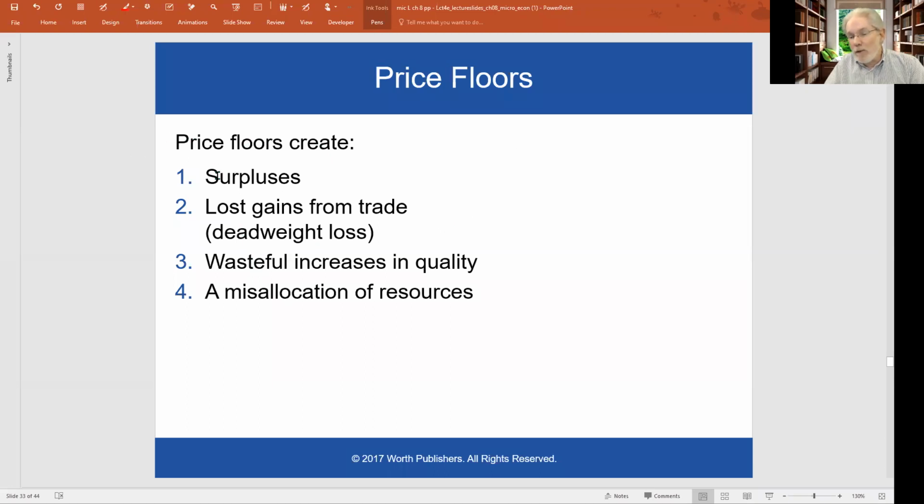They create surpluses, lost gains from trade, which we've called deadweight loss, and wasteful increases in quality. You might think, well, how could it be bad to have higher quality? Having higher quality can be a bad thing.